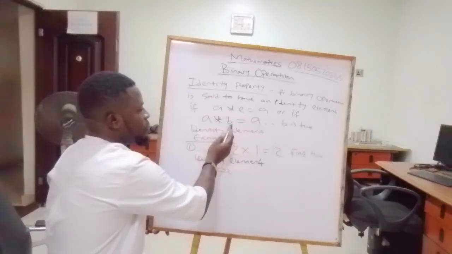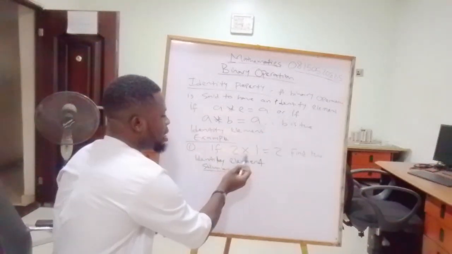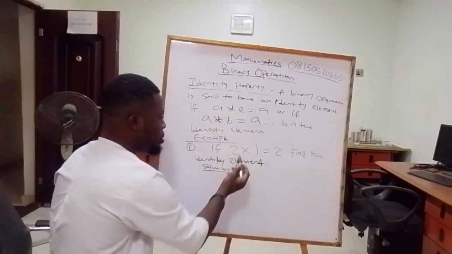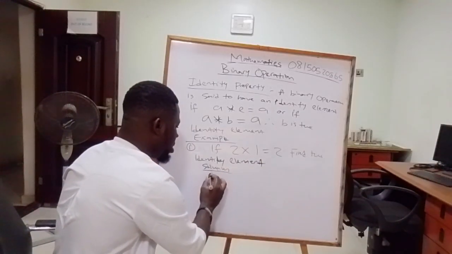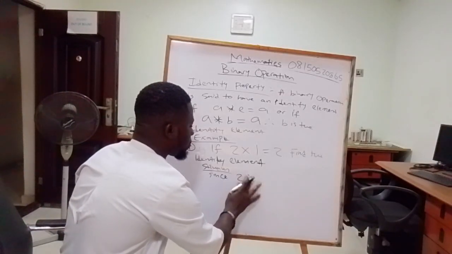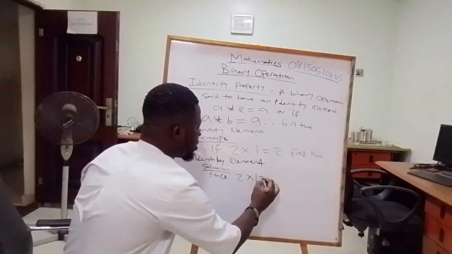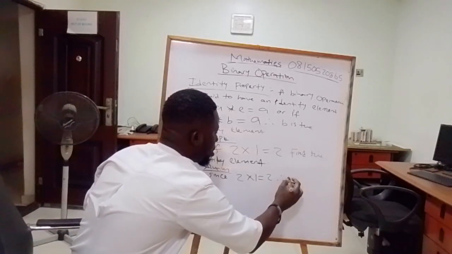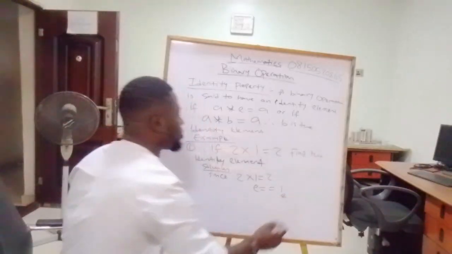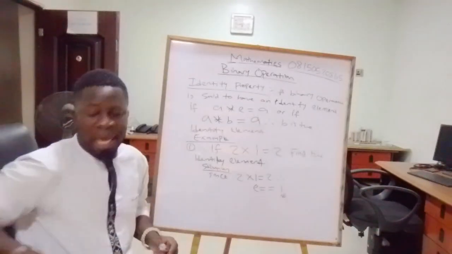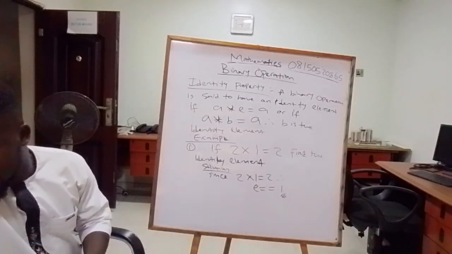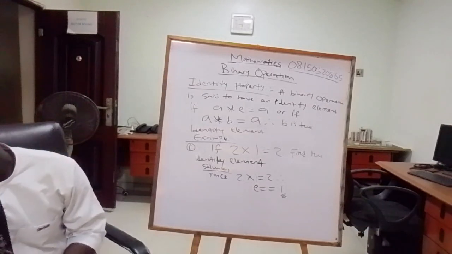If A operation B is equal to A, now we have this A, this B, and this one is giving us A back. So therefore, you now say, since 2 times 1 is equal to 2, therefore E, which is the identity element, is equal to 1. So that's how we go about it. So therefore, E, which is the identity element, is equal to 1.